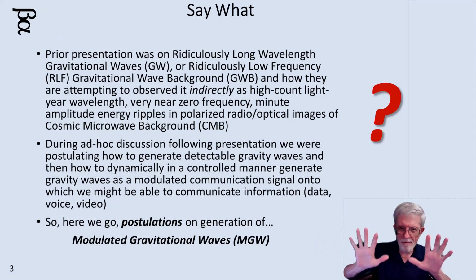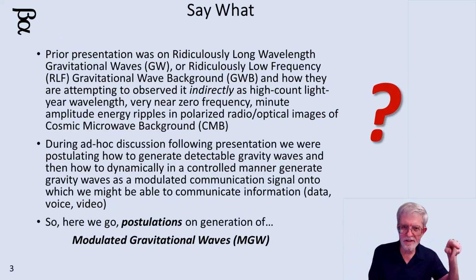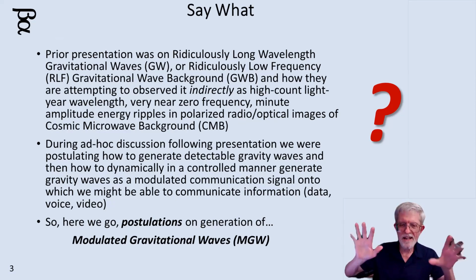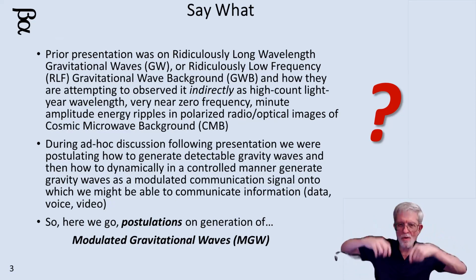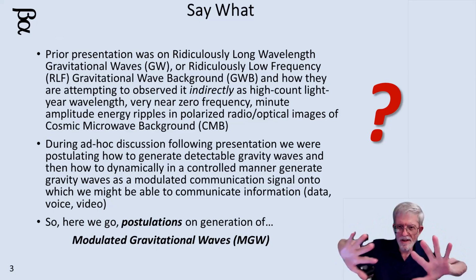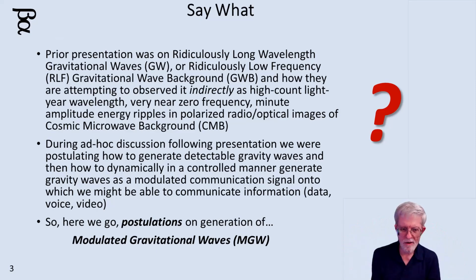If you take a repeated image of the microwave background and then you see the pixels shift in kind of a line going across, that would be a gravity wave distorting the space-time between you, the observer, and the signal you're getting from the cosmic microwave background. So that's how they're looking for these ridiculously long wavelength gravity waves.